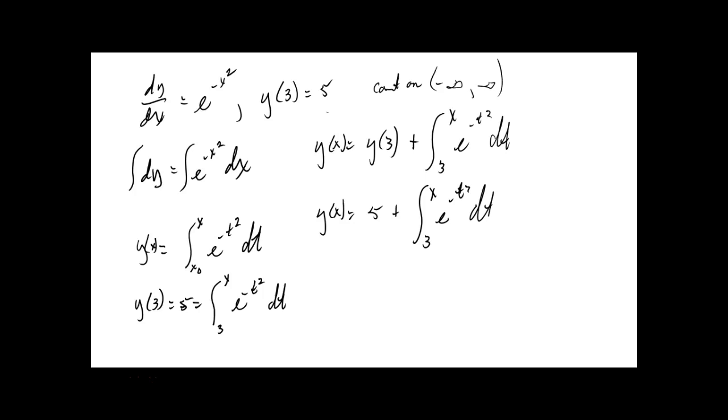I mean, there's nothing else you can do except numerically integrate. And if you have a package and you can do it, plug in an x, you plug in that here, you integrate that. I mean, you do a numerical integration up to whatever value you put in there, and that'll be your solution.